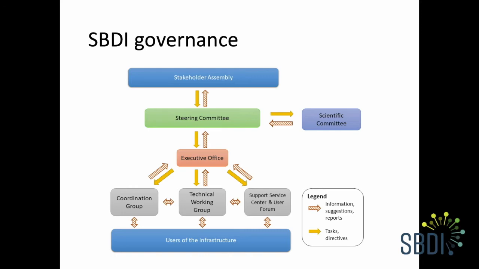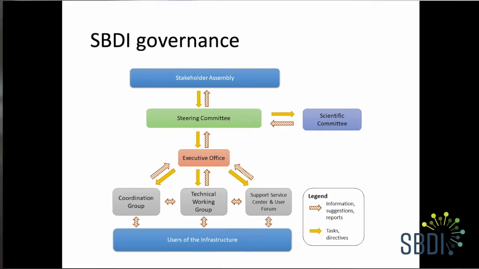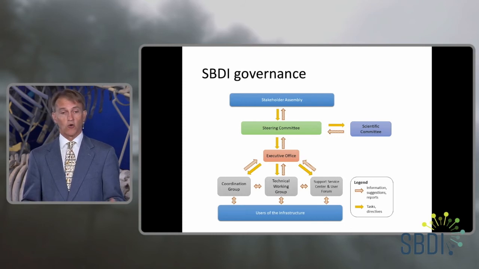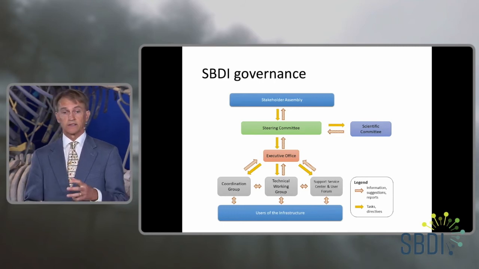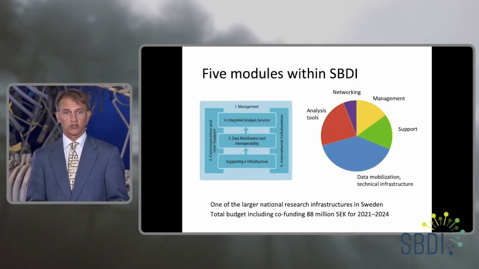Then we have an independent steering committee responsible for strategic decisions. They have an advisory scientific committee. Daily operations are overseen by an executive office together with a coordination group representing all of the partner organizations. There's also a technical group and, very importantly, a support service center interacting with the users of the infrastructure.